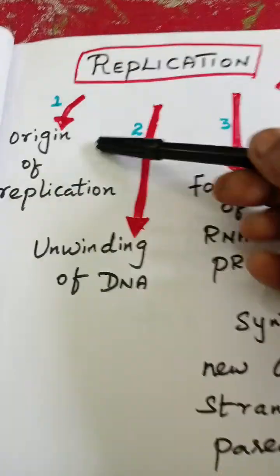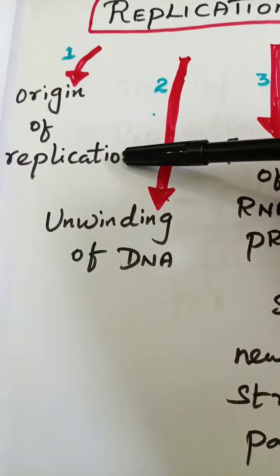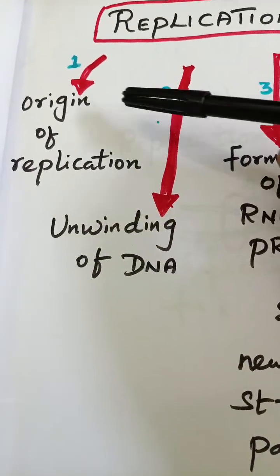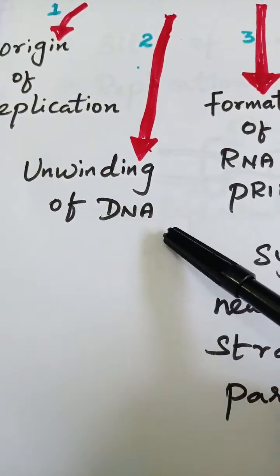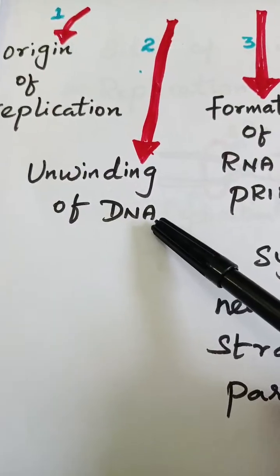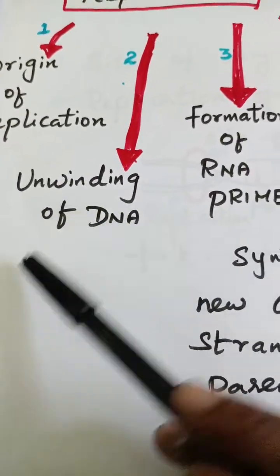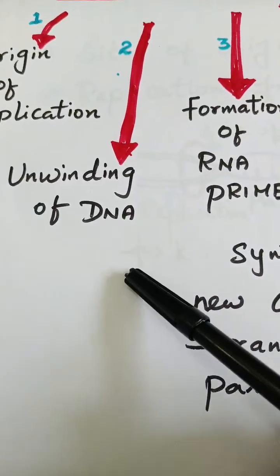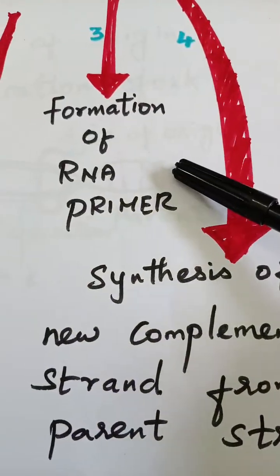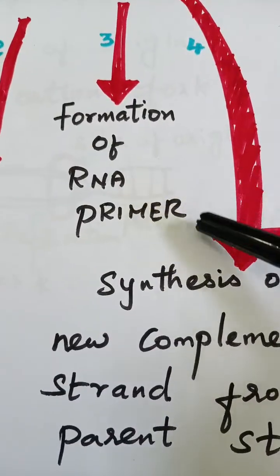Understood? So the first thing is the origin of replication, the specific point where the replication should start, and the second thing is unwinding of DNA, that is the separation of DNA molecules, so that each strand will give rise to another double strand of DNA. The next is the formation of RNA primer.